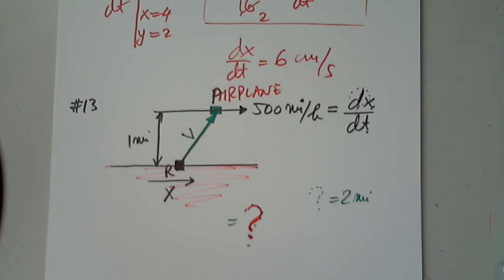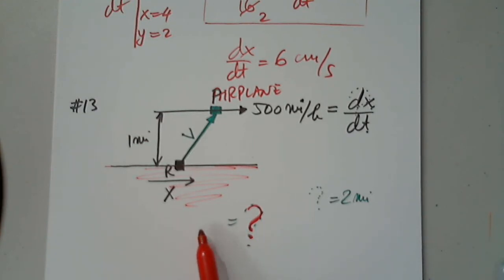Find the rate at which the distance from the plane is increasing when the plane is. Find the rate at which the distance from the plane to the station is increasing when it is 2 miles away from the station.